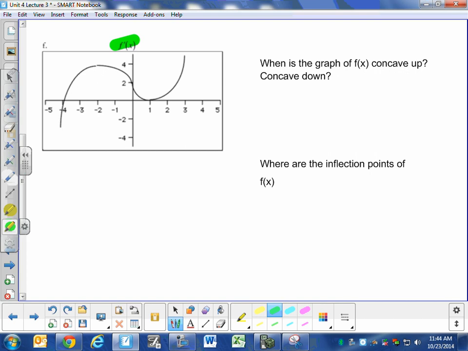So it's actually easier to just go straight to finding the signs of f double prime, or finding the values of f double prime. Go ahead and check with your neighbors once you got it.